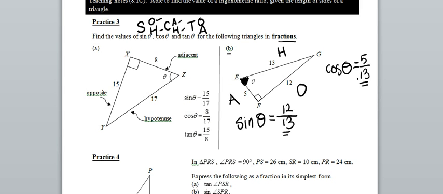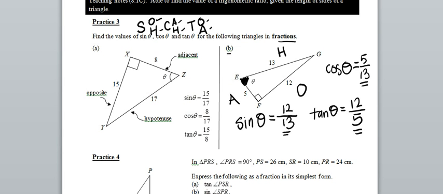Last but not least, they want us to find the fraction for tangent theta. Tangent is given by TOA, O for opposite over A adjacent. So the value for the opposite is given to be 12 and the adjacent is 5. This will be the answer.